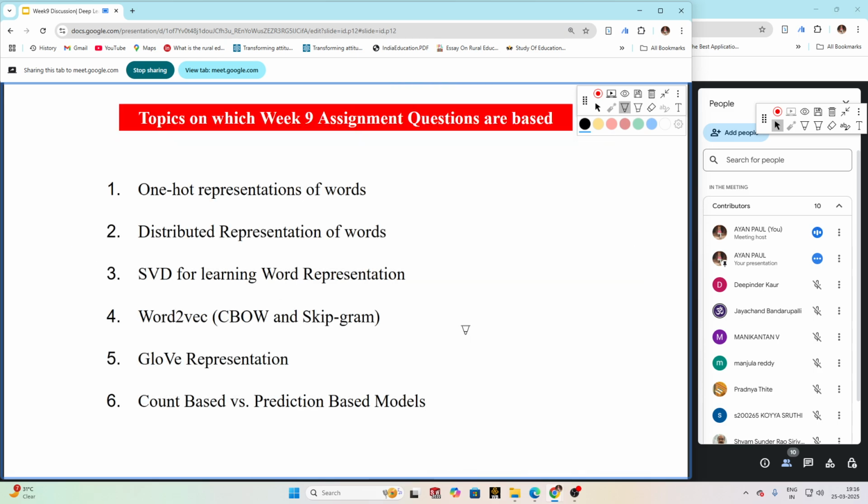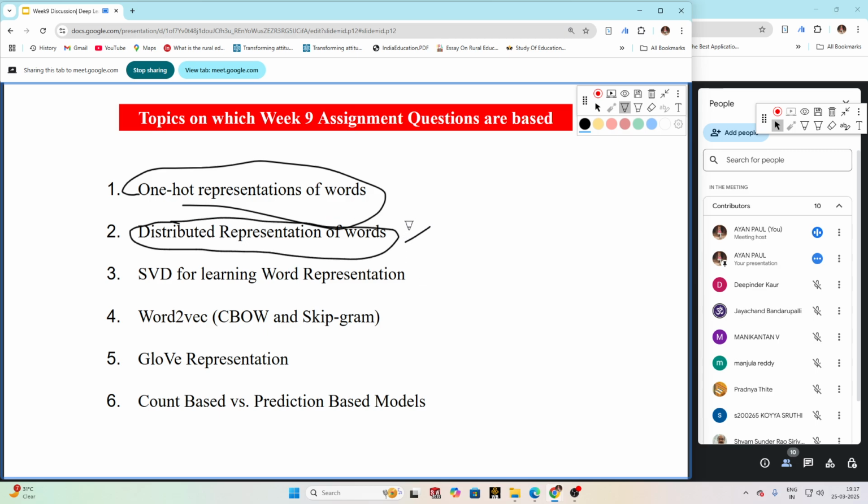What we have discussed: the one hot representation of words, then the distributed representation of words. Here we have discussed something called the co-occurrence matrix. The problem in both was the size of the vocabulary, because the vocabulary can be so large whenever we are dealing with large documents like the Google dataset.